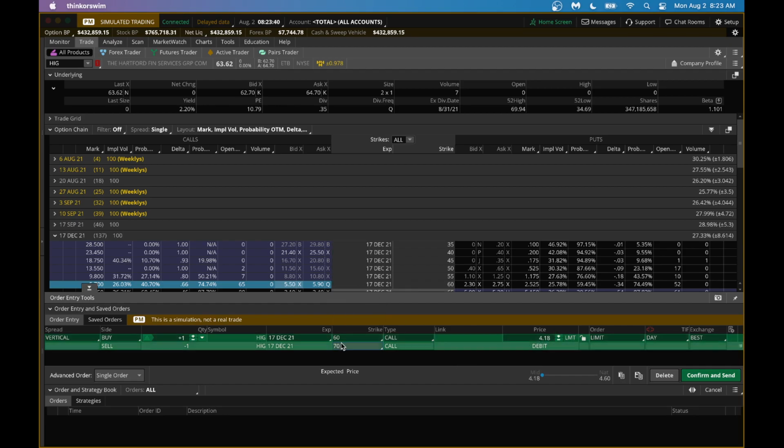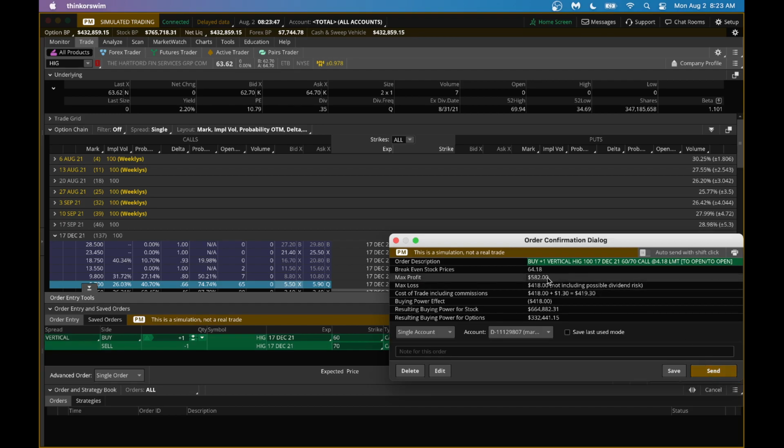The remaining portion of $10 is your profit potential. You'll make more than double your money here. You pay 418 to make 582. Your break-even point is 64.18, just above the current stock price. This is a different way to play. A little more conservative. You don't pay too much money in the beginning, and your profit is also capped.